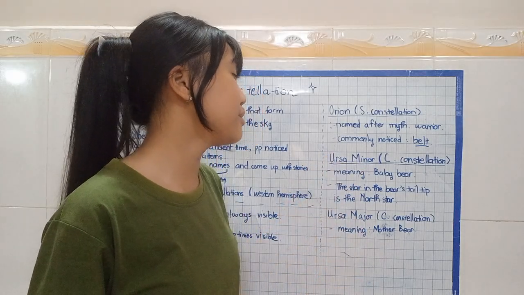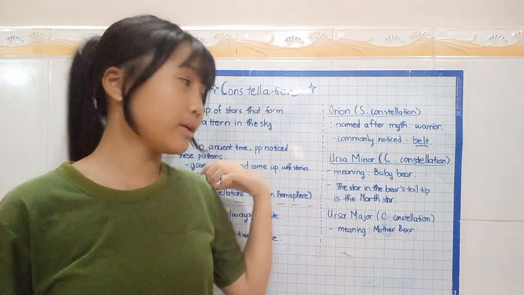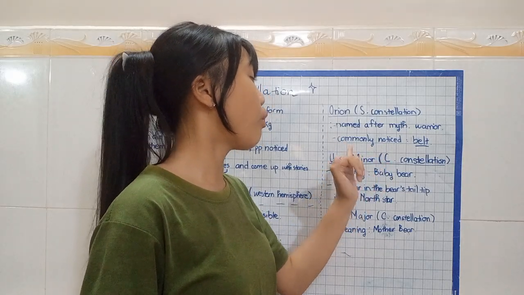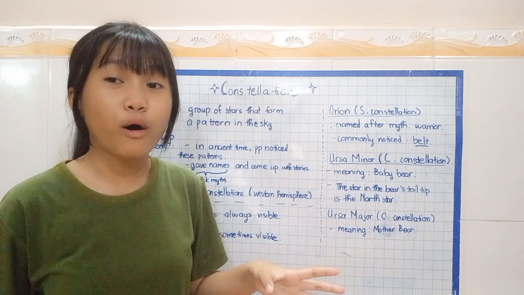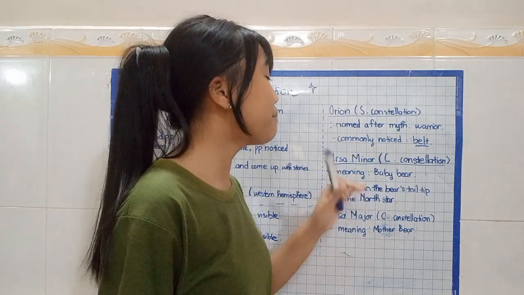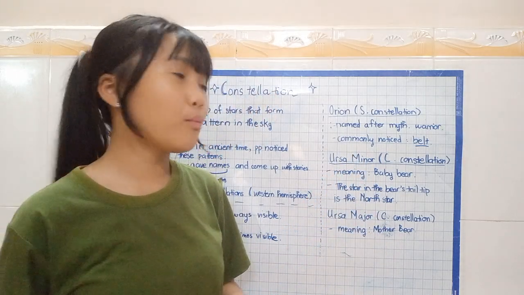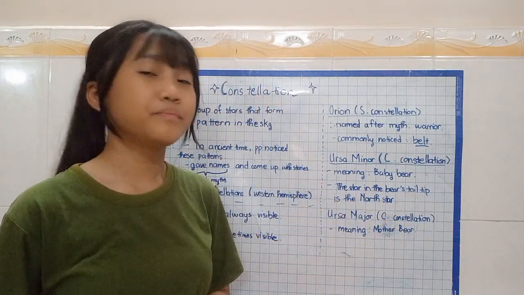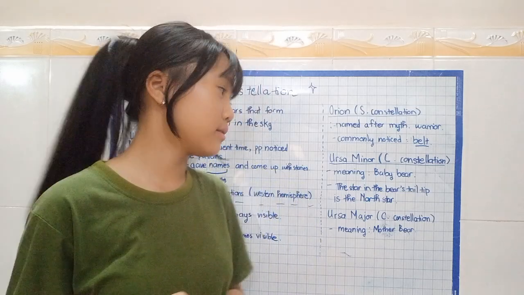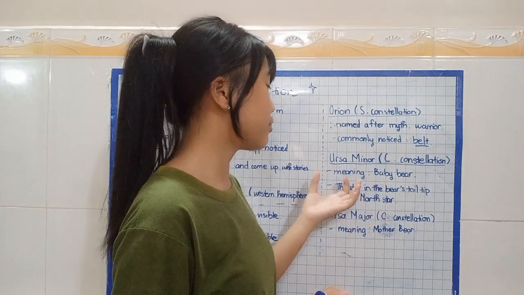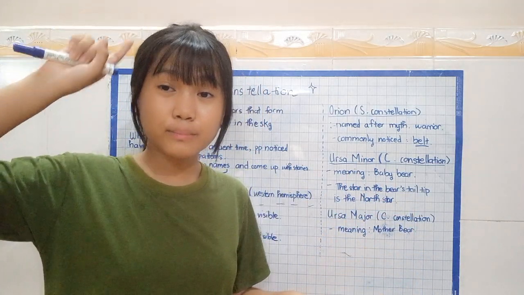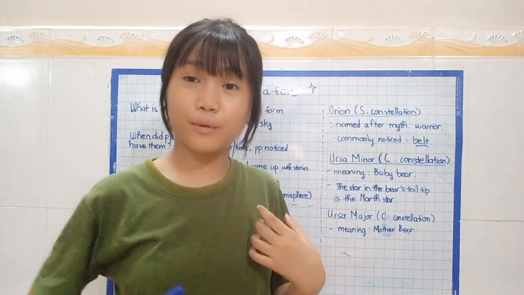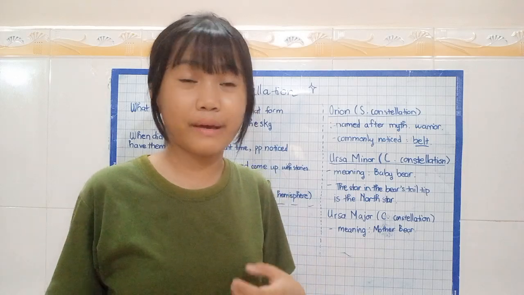What does Ursa Minor mean? Ursa Minor is a Greek term; Ursa means bear, and minor means little or young or small. So Ursa Minor basically means baby bear. One interesting thing is that the star at the bear's tail tip is the North Star. So when you look up in the sky and see Ursa Minor, at the tail tip of it you could see the North Star. That is how a lot of people detect the direction they're going.